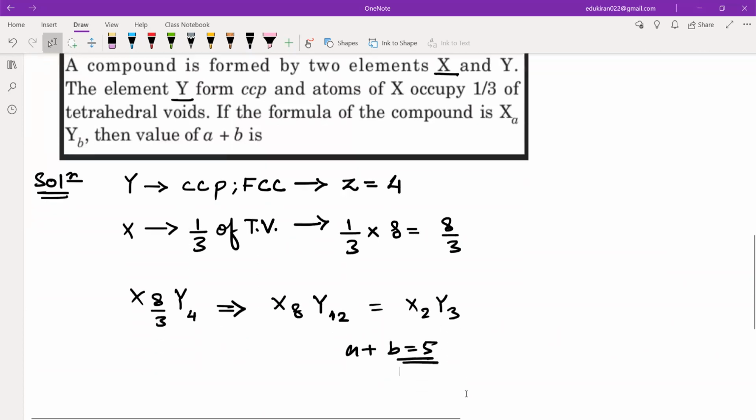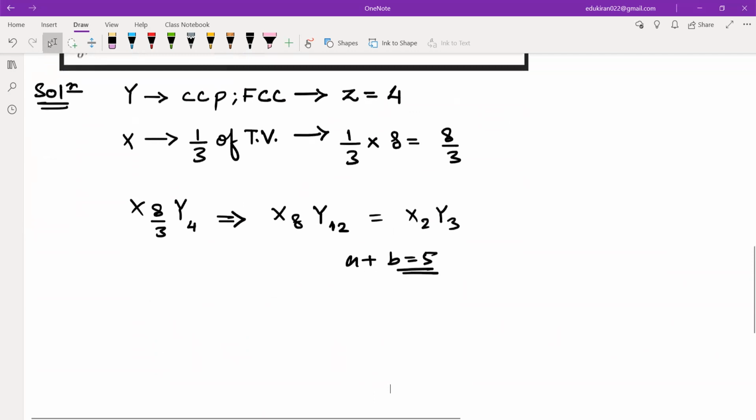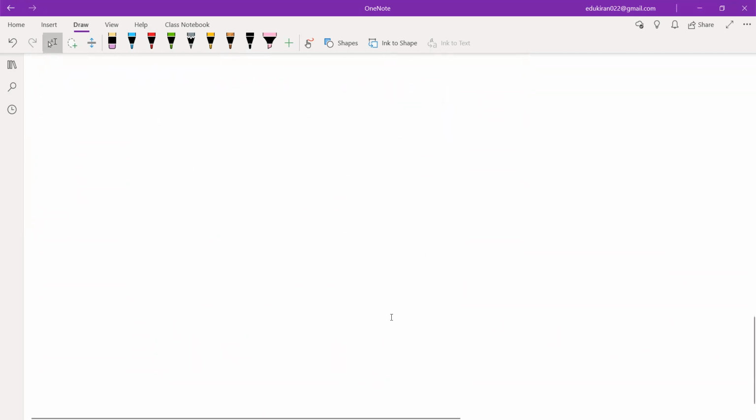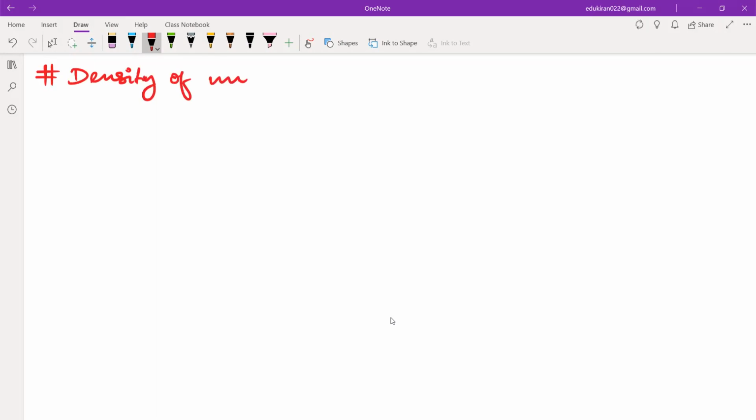Those who are not done, write the answers, and those who are done, they will write the topic. Those who have not done it, write without looking. I have taught everything now. And others will write the topic density of unit cell. Giving you guys some time to write the answer for the previous question.